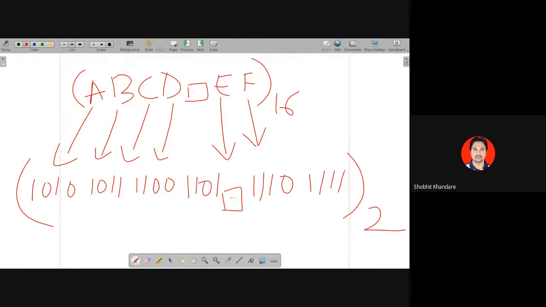तो हमने दोनों भी सीख लिए हैं, बाइनरी टू ऑक्टेल, ऑक्टेल टू बाइनरी, बाइनरी टू हेक्सा, हेक्सा टू बाइनरी। So we have done this. अब क्या बाकी है?